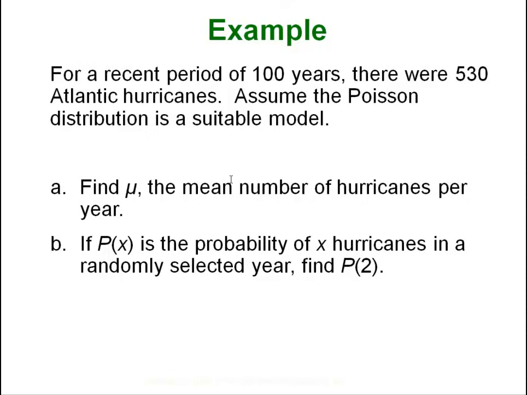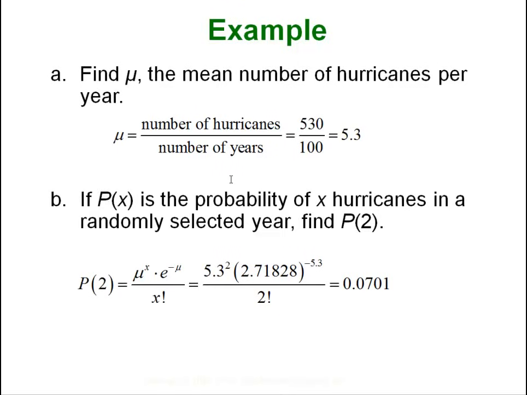We want to find mu, the mean number of hurricanes per year. And if P of x is the probability of x hurricanes in a randomly selected year, we want to find the probability that we have 2 hurricanes in a randomly selected year, which would kind of give us an idea of the probability that we have 2 hurricanes next year. So you can see how this could actually be a reasonable and kind of important thing to do.